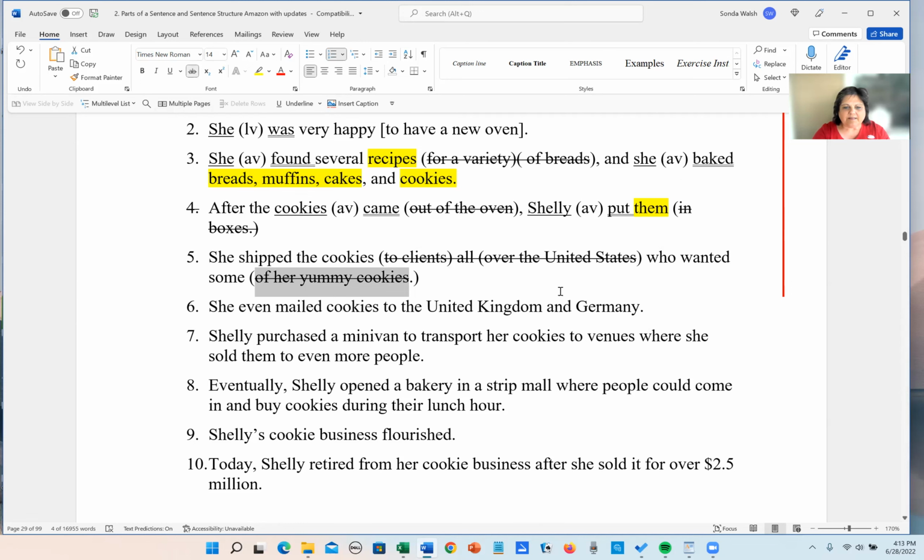Okay, the next thing we want to do is identify our subject. She is a subject. And who is a subject. Okay, the verb is shipped. And wanted is a verb.